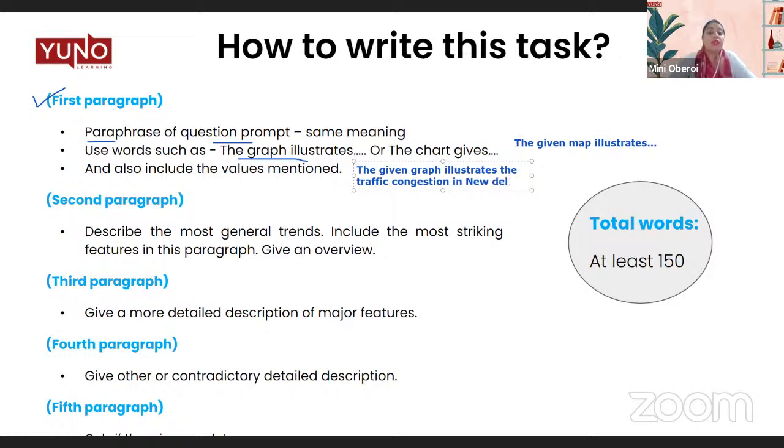For which year are we representing the data? Everything is given in the visual input and you just have to put it here.